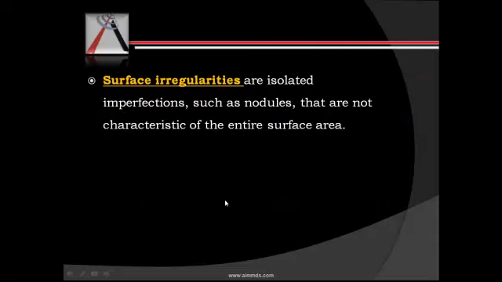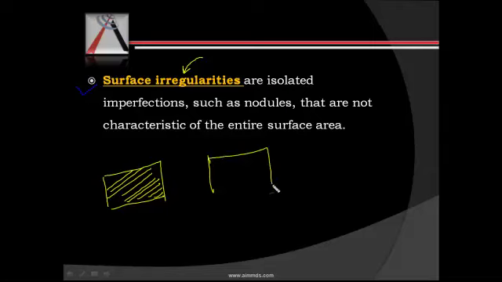Now as we have been talking about surface roughness, we have to compare the term surface roughness with surface irregularities. One very important thing is, surface roughness was evenly distributed throughout the surface of the casting. But surface irregularities are isolated defects. If this is the surface of the casting, we may have one defect, we may have two defects, and these are called irregularities.